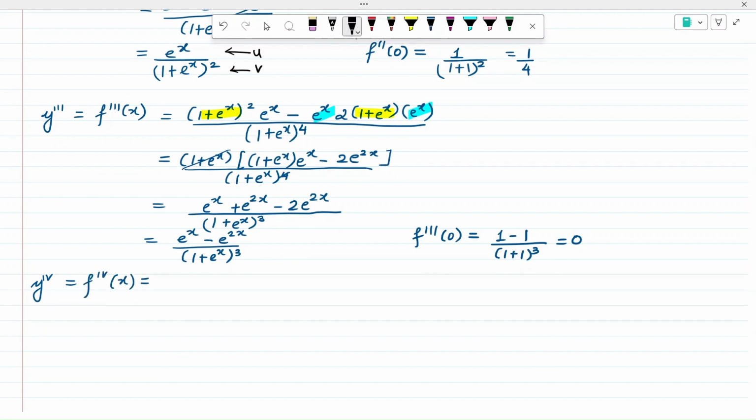Again, u by v rule. So u here and v here. So v as it is. Derivative of e raised to x is e raised to x minus as it is e raised to 2x is this. And by chain rule, you'll have a 2. Minus numerator as it is.